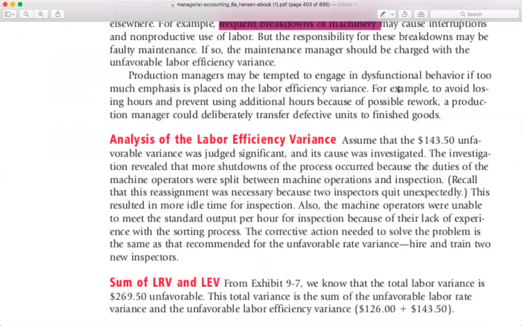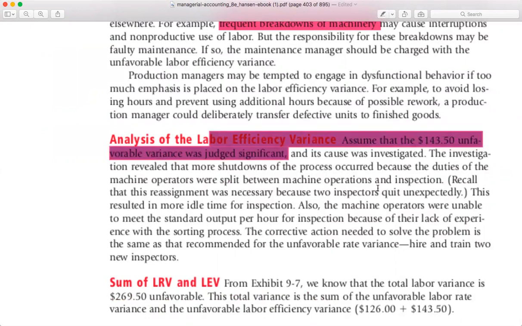So the analysis assumes that it is unfavorable. We can probably judge it as significant, and if significant, we need to investigate it. The investigation finds that more shutdowns of the process occurred, probably because the duties of the machine operator were split between machine operation and inspection, right?